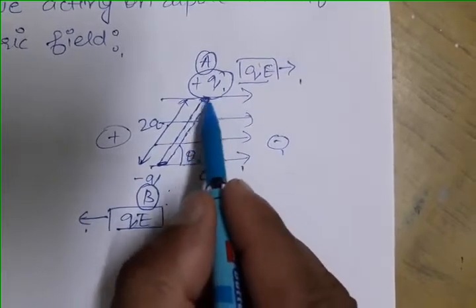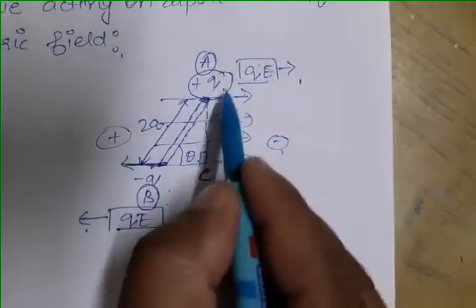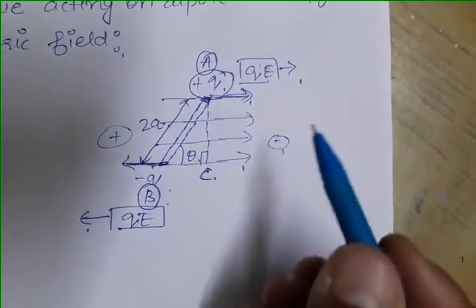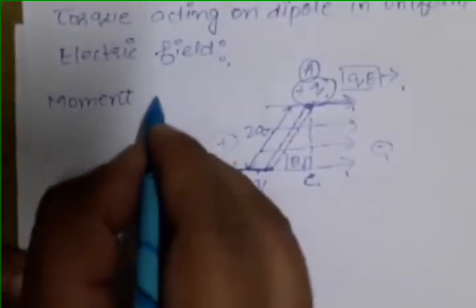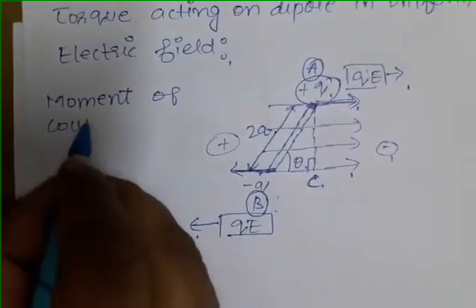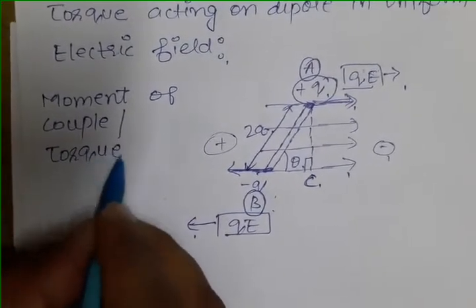Now you know that this is a couple, one force on this side, another on this. Then the moment of couple, or sometimes called torque.